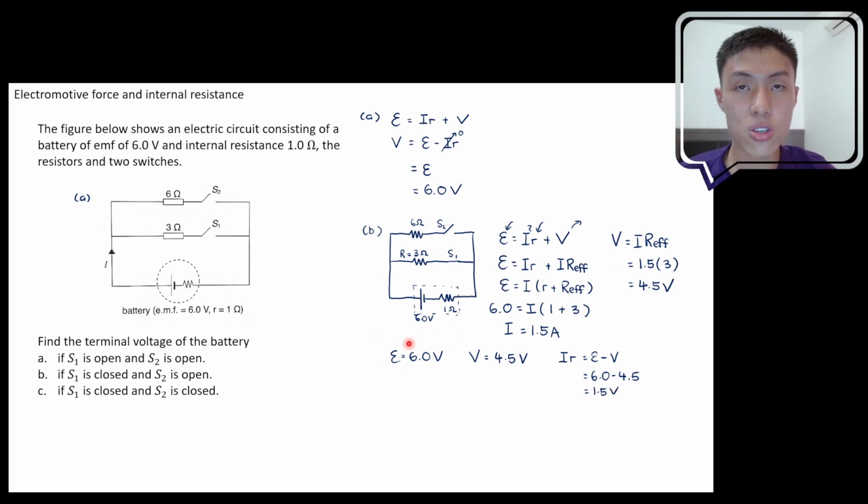Okay, so what can you see over here? The battery is going to supply 6 joule of energy to every coulomb of charge passing through it. So if 1 coulomb of charge passes through it, it will receive 6 joule of energy from the battery.